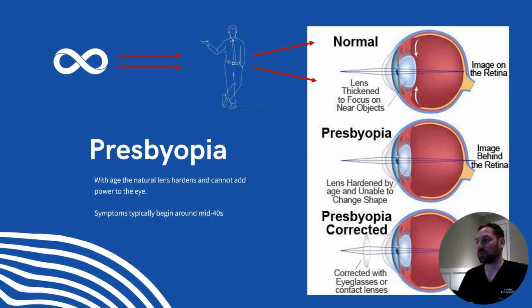We have to introduce another concept called presbyopia. So light rays that are entering from infinity far away are parallel, but light rays that are up close to you, when you're talking to someone and their face is right in front of you, those light rays are divergent.